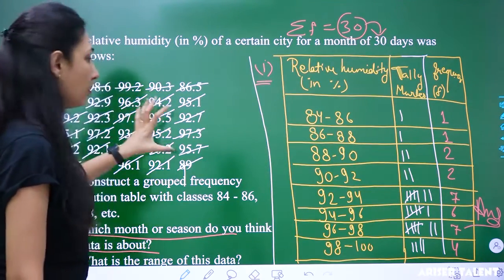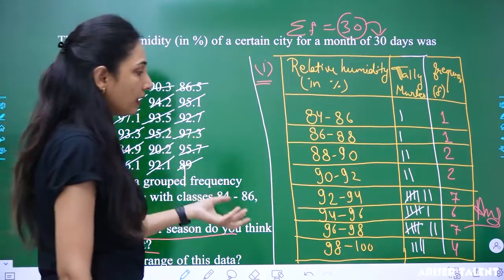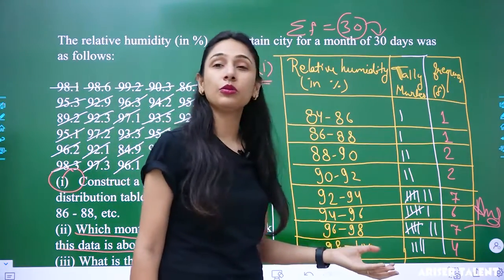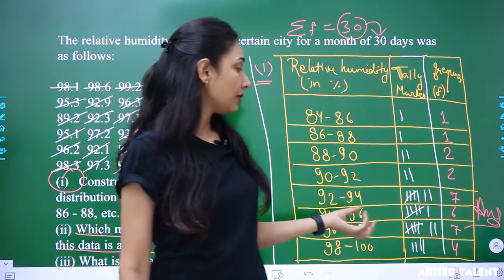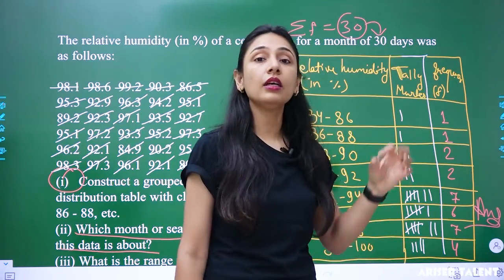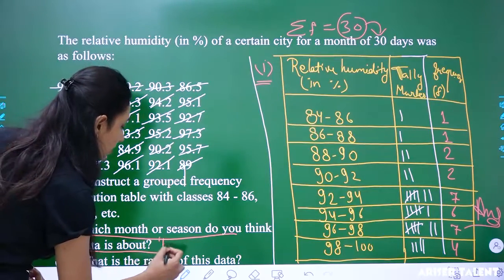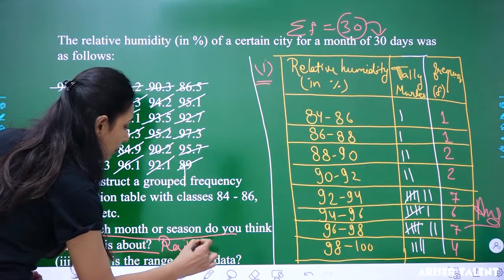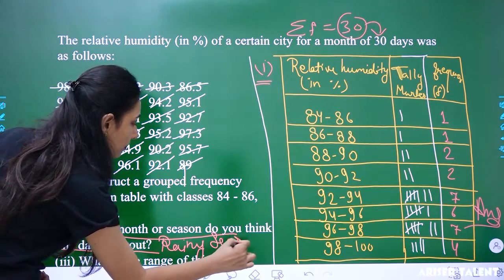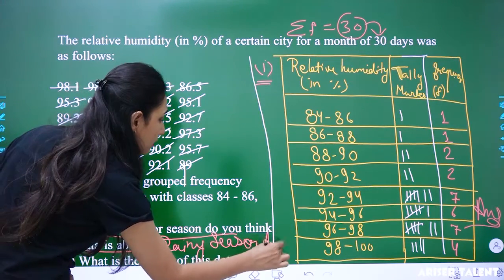See here, all this data has 80% humidity, 90% humidity, approximately 100% humidity in the environment. That means this is simply a rainy season. Rainy season is the answer.